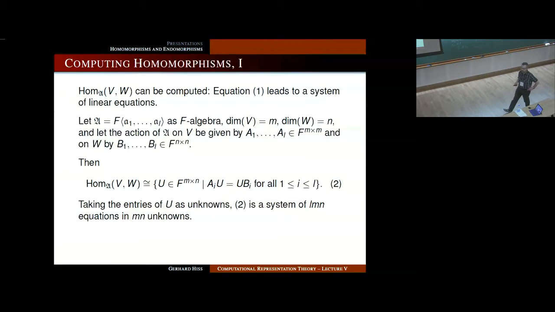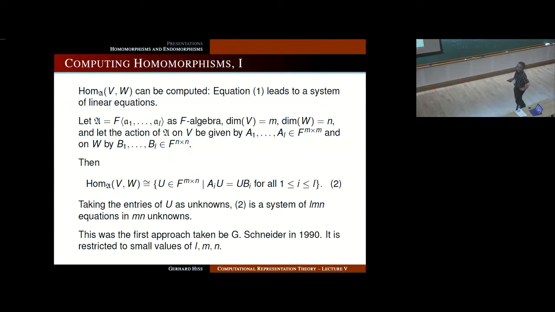Of course, this is a very large system if m and n and L are large. So this is something one can do if the dimensions are small, but certainly not in general. So this was one of the first approaches taken by Gerhard Schneider back in 1990 to compute homomorphism spaces between modules.